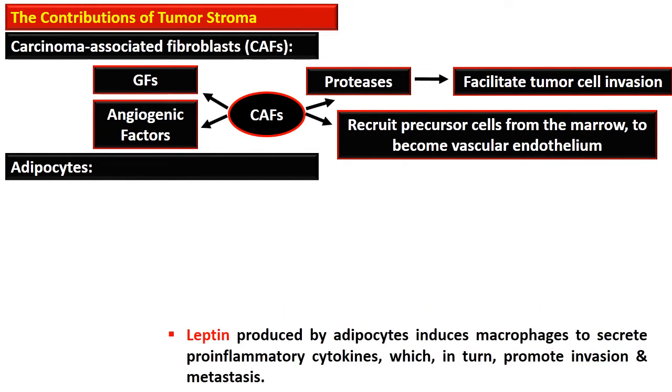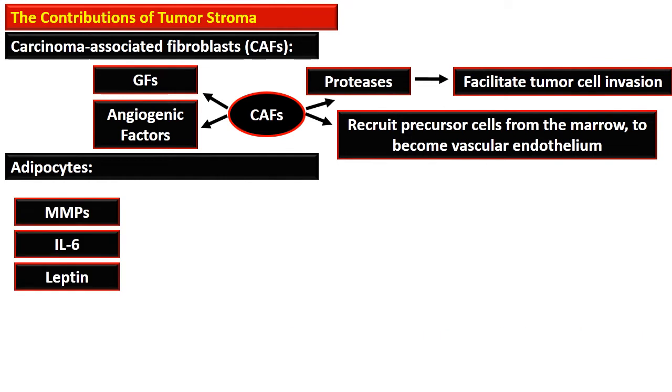There is another product, leptin, that induces macrophages to secrete pro-inflammatory cytokines, which in turn promote invasion and metastasis, as we have seen earlier. So the contribution of the adipocyte is MMP secretion, interleukin 6 assisted function, and leptin function.